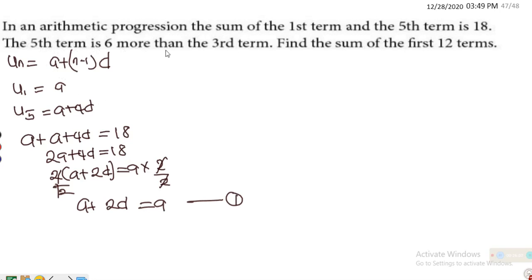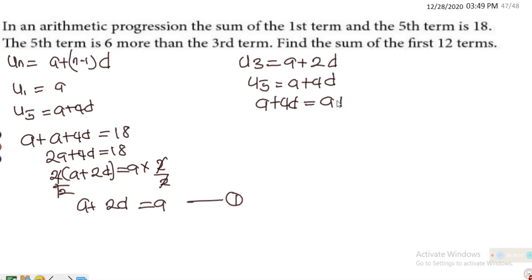The fifth term is 6 more than the third term. So u3 is a plus 2d and u5 is a plus 4d. Now the fifth term is 6 more than the third term, that is a plus 4d equals a plus 2d plus 6.